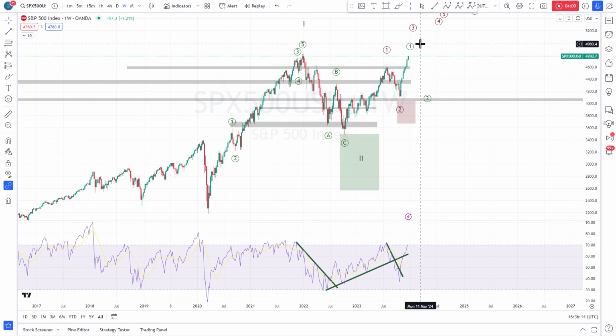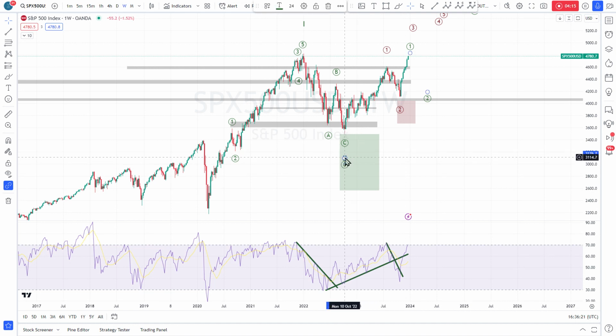And then what would be the scenario? The scenario would be that this wave 2 here is not in yet.